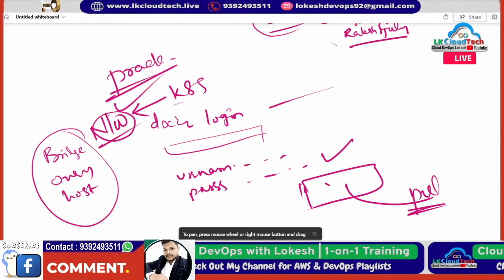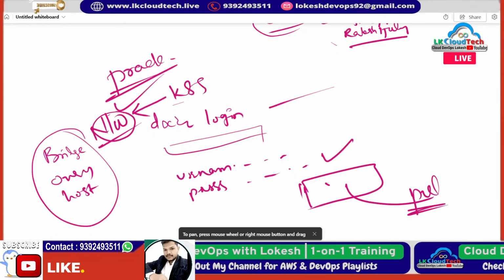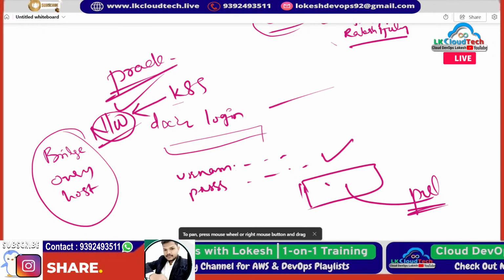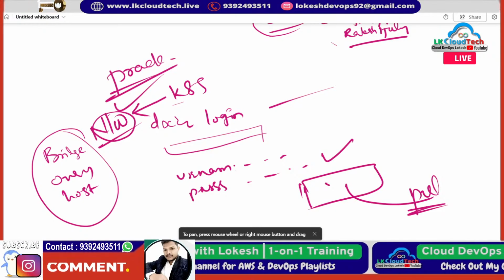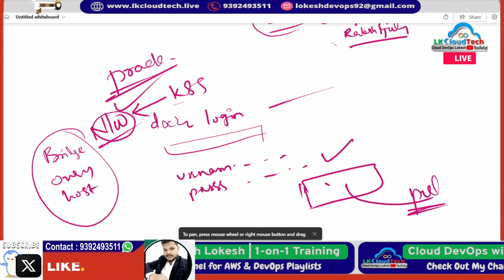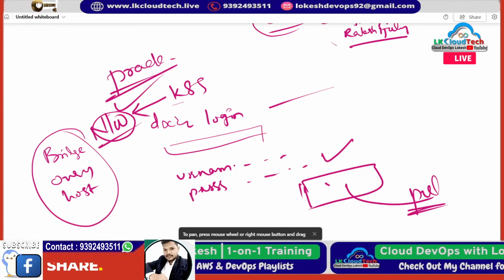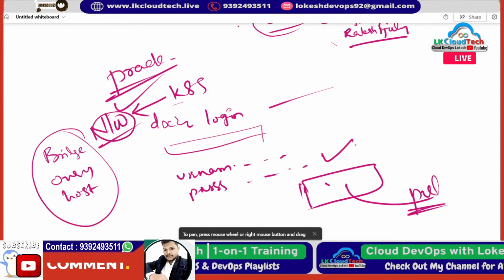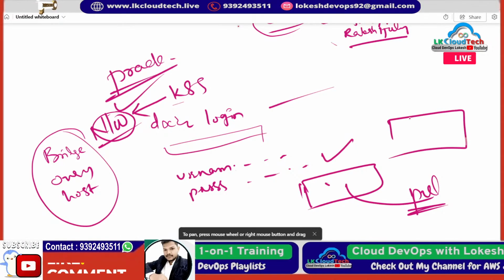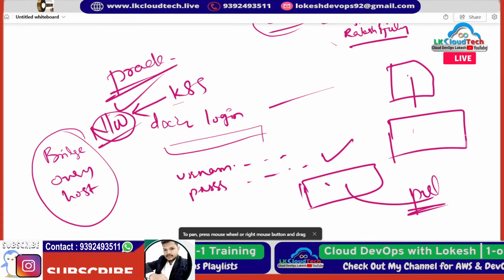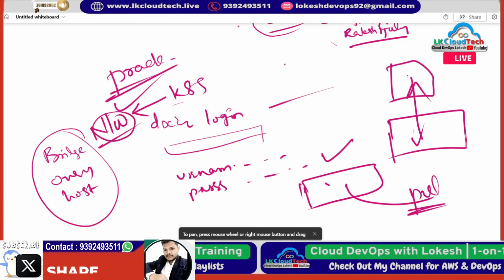Next, bridge network. How do we connect Docker container to container, container to host, where host means the EC2 instance, and host to container? How are we establishing that?